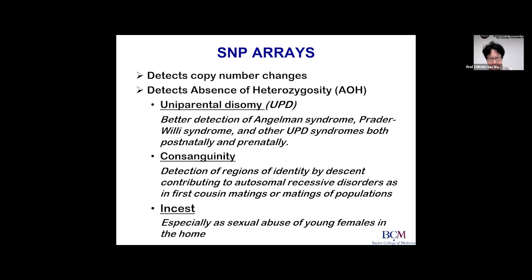And if it's more, such as a first cousin mating, but if it's like more than 400 kb in common, you might suggest there's incest, such as the sexual abuse of a young female at home. For example, with father-daughter mating, then lots of more than half of the genome will have this UPD. So this is how the SNP array can detect this.